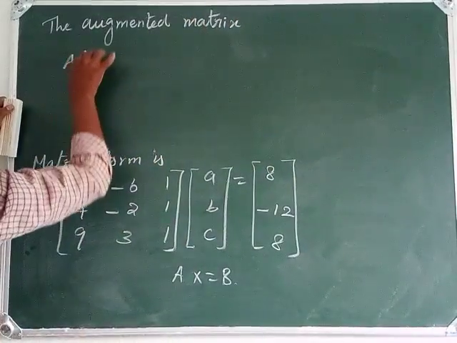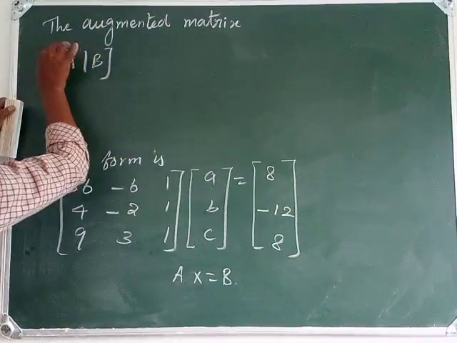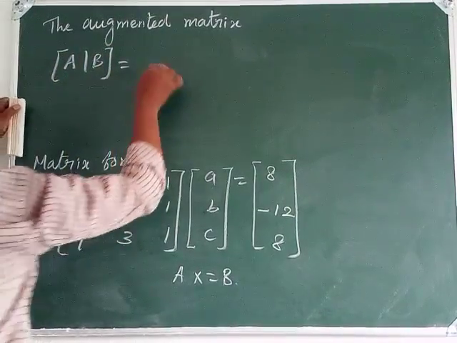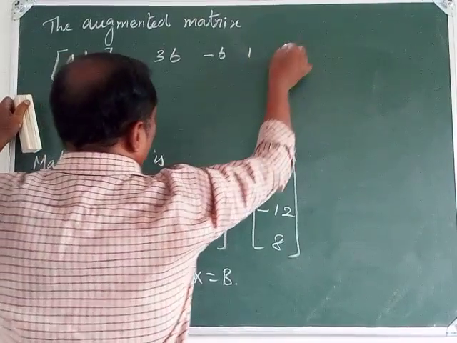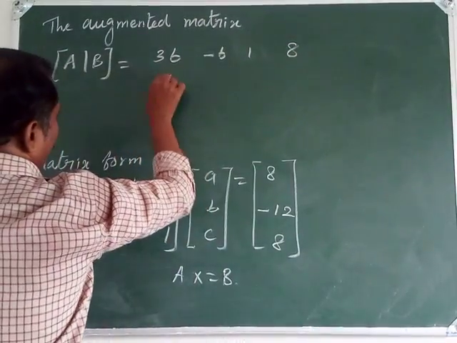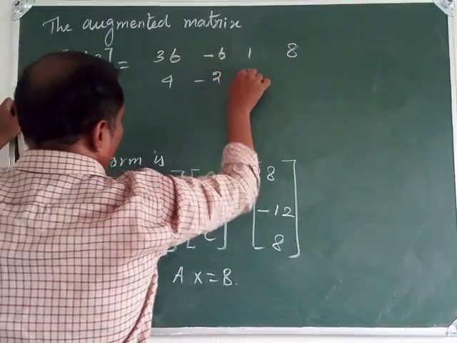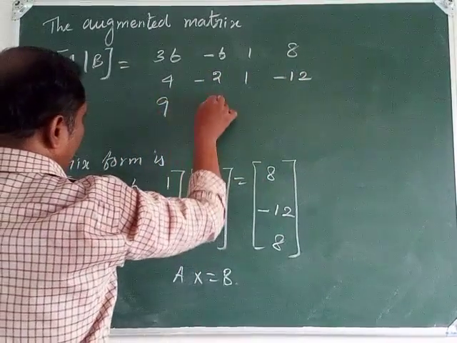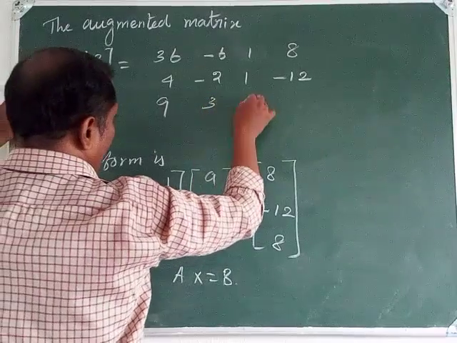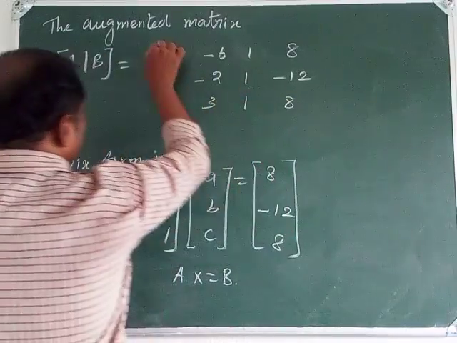Augmented matrix is A slash B. So A matrix is 36 minus 6 1 and then 8, 4 minus 2 1 minus 12, 9 3 1 8.